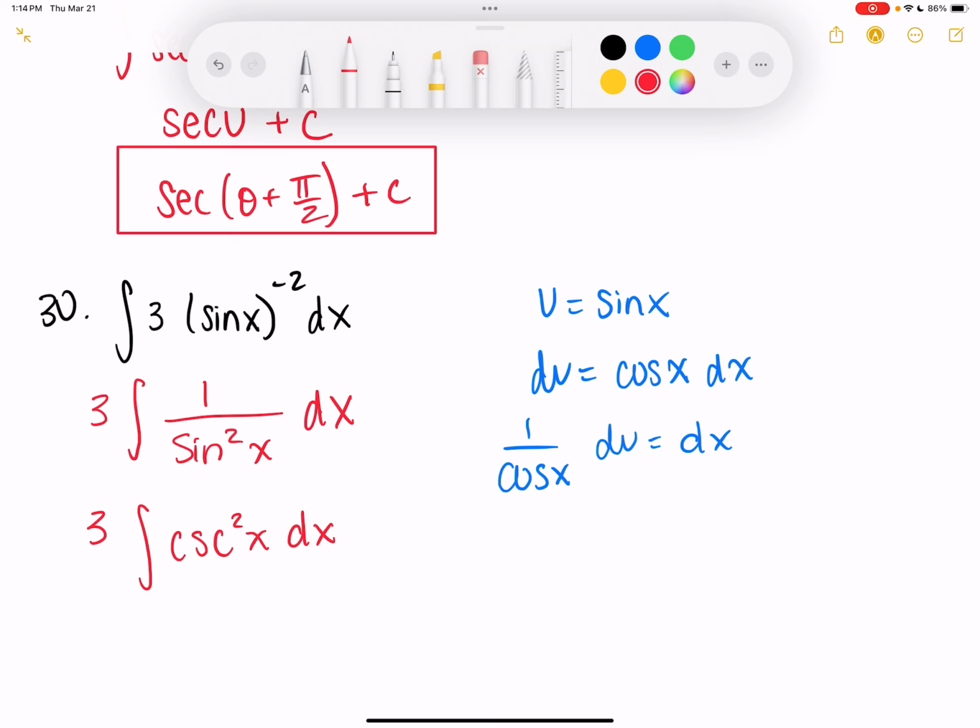Now, do we know what the antiderivative of cosecant squared is? Cosecant x cotangent? No, that would be a derivative. The opposite direction. The derivative of what trig function gives me cosecant squared? It might possibly give you negative cosecant squared, and you might need to make whatever it is negative.